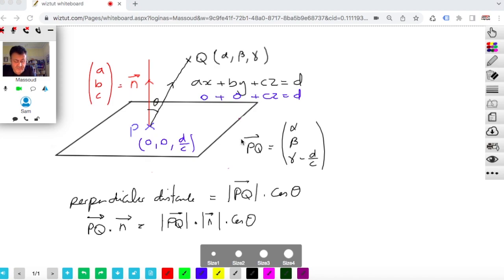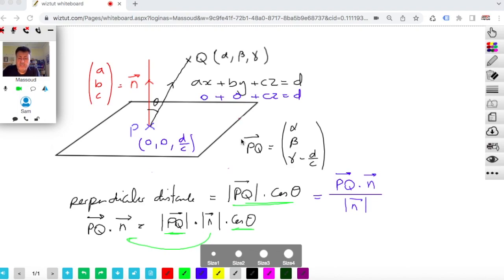So as you can see, this bit here is in fact the perpendicular distance. If I take the magnitude of n to the other side, then the perpendicular distance that I am looking for is equal to the dot product of PQ and n divided by the magnitude of n.